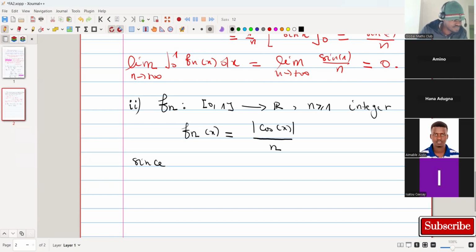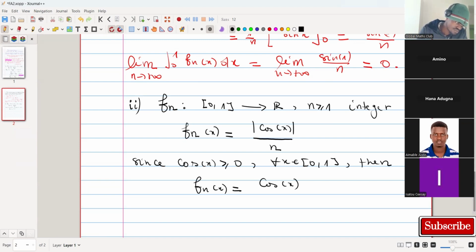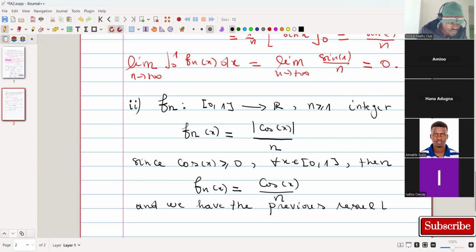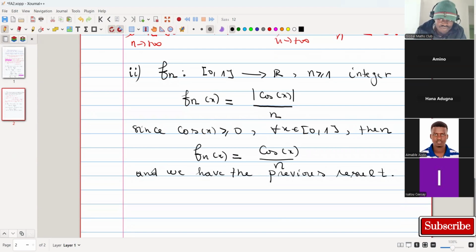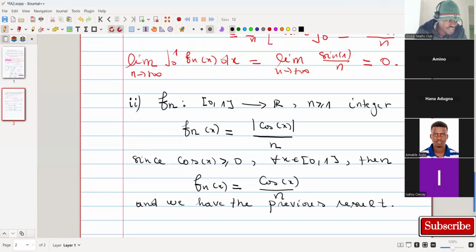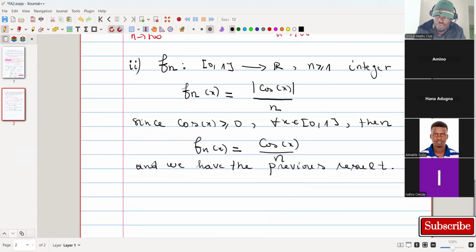So since, then, we have the previous result. Please take time to check very well the sign of cosine. We are not going to check it here, you can check it very soon. The goal here is just to explain how you can use the monotone convergence theorem.